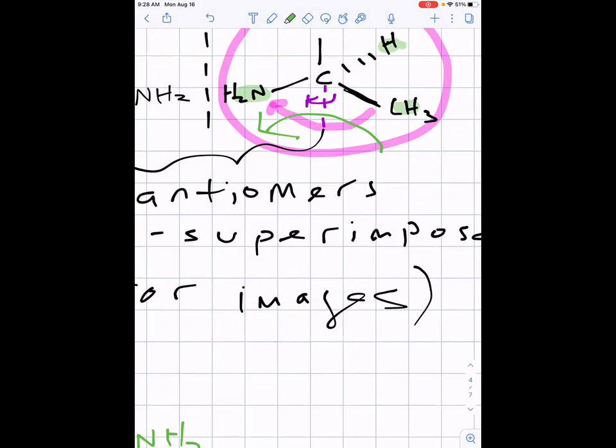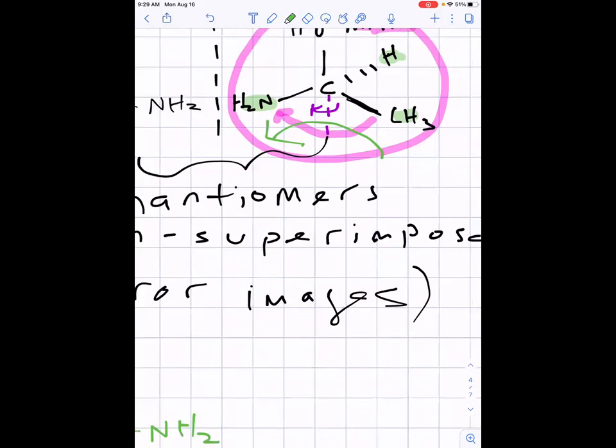And you can do this with any set of enantiomers, but it's a little different when you have more atoms. When you have a skeletal form that has multiple chiral centers in it, then it becomes a little more laborious to do. But the idea is that when you flip it over, everything inverts. So everything that's wedged becomes dashed, and everything that's dashed becomes wedged.